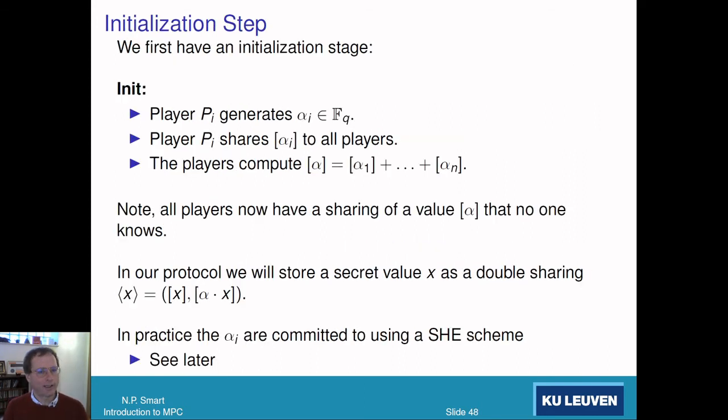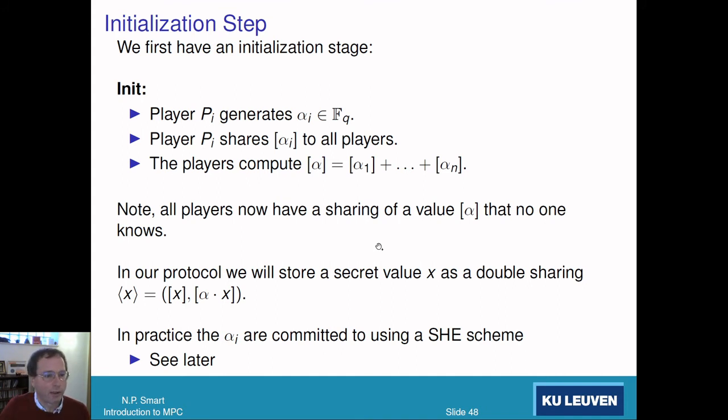For the initialization step, we've got to create a secret sharing of alpha. I create a secret sharing of alpha by everyone just generating a random value. Everyone generates a random value alpha_i, and then there's this secret value alpha that no one knows, which is the sum of all the alpha_i's. I'm going to call that a sharing of alpha, square bracket alpha.